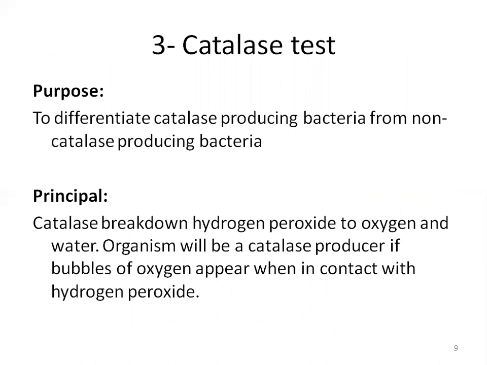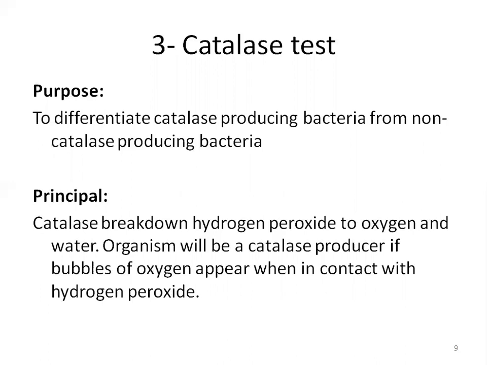Catalase enzyme acts as a catalyst in the breakdown of hydrogen peroxide to oxygen and water. An organism is tested for catalase production by bringing it in contact with the hydrogen peroxide. Bubbles of oxygen are released if the organism is a catalase producer.